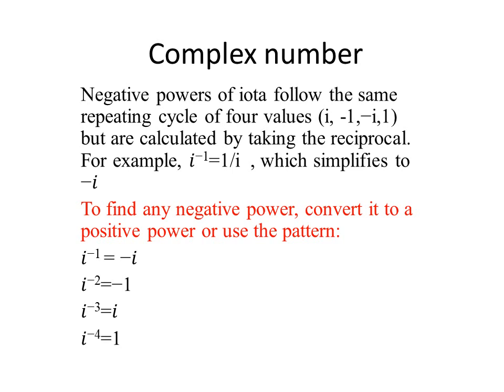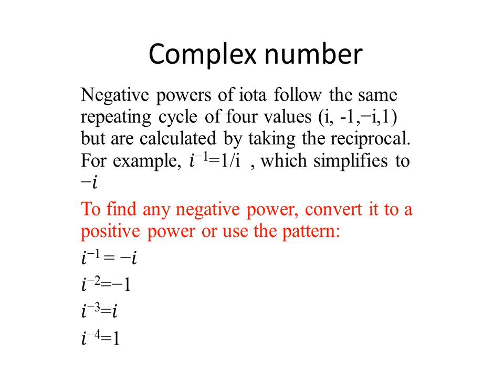After finding the positive integral powers of iota, we have to find the negative integral powers. Negative integral powers of iota follow the same repeating cycle of 4 values, that is 1, i, -1 and -i, but are calculated by taking the reciprocal.